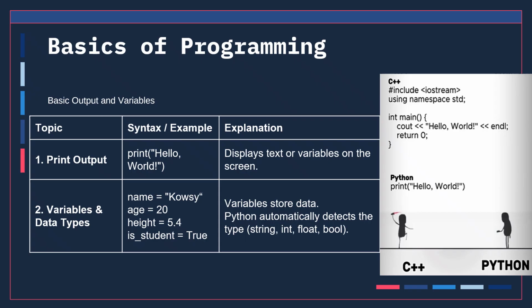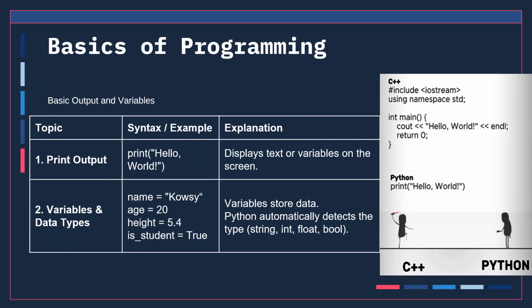For the print output, you just use print and the function bracket, and inside the function you pass a string. So I want to print the value hello world: print bracket. For a string, you use the double quote.